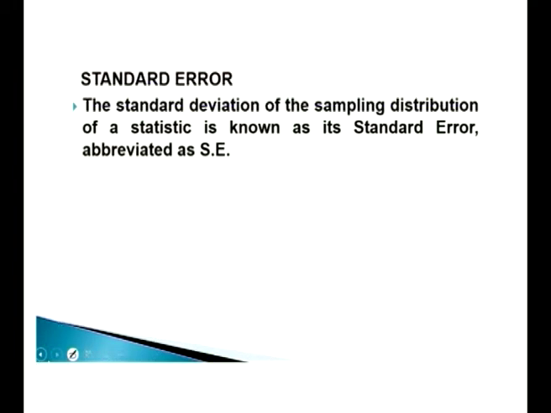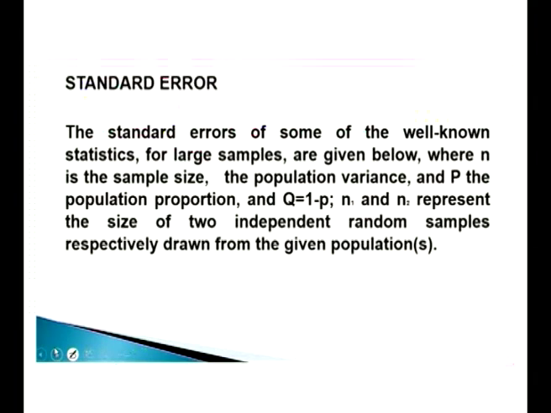After discussing sampling distribution, parameter and statistic, next we step into defining the standard error. The standard deviation of the sampling distribution of a statistic is known as standard error and it is abbreviated as SE. Why do we study standard error?